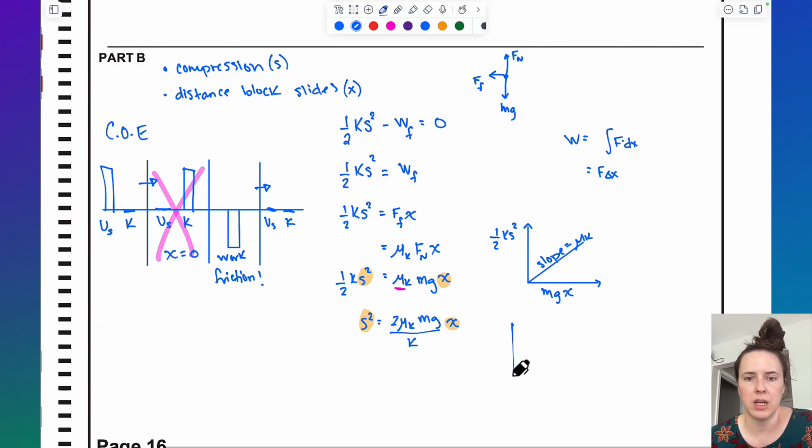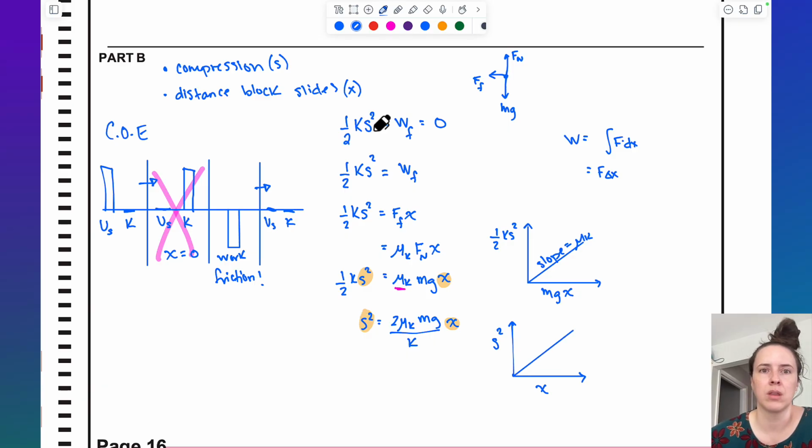So in that case, if I plotted s squared on the y-axis, and my slidey distance x on the x-axis, that slope would be all of this stuff in front. That's how I like to do it, just because I think it's cleaner to plot the actual data and then to analyze the slope from there.